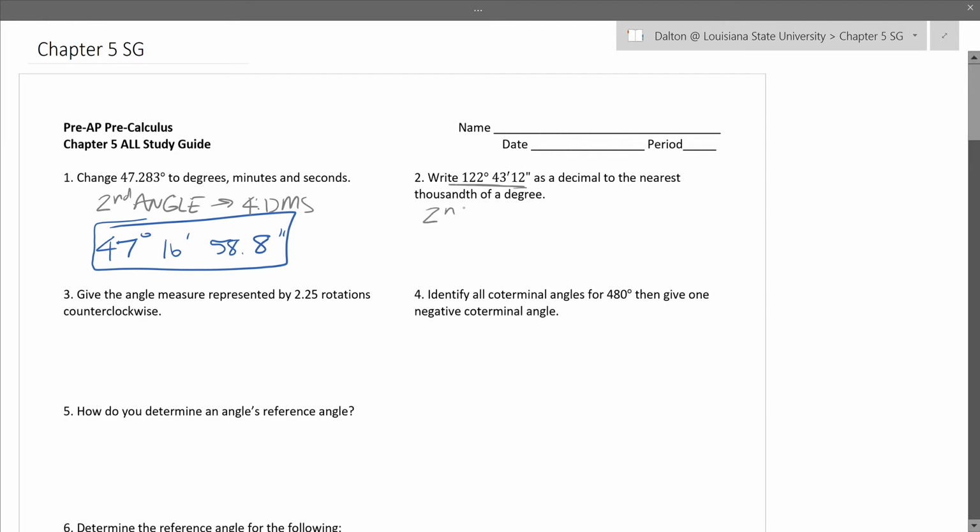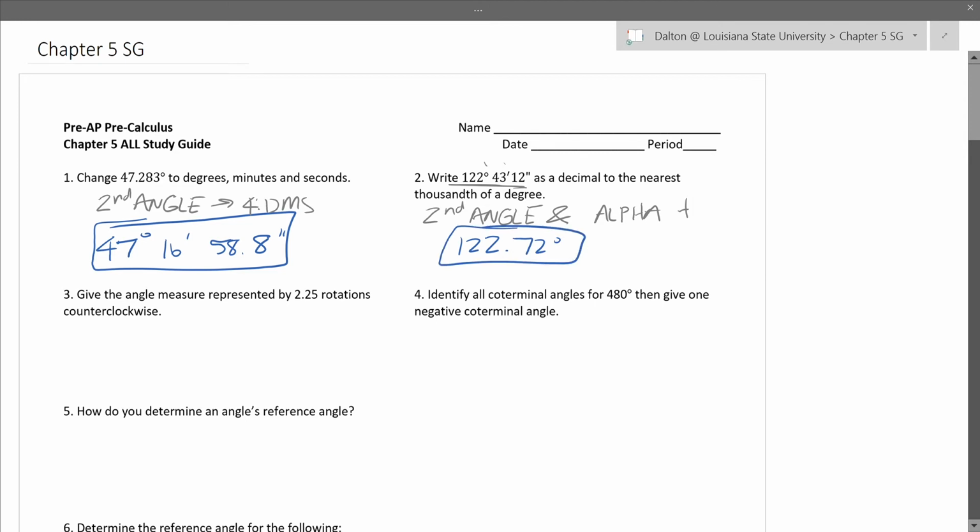Using the second angle option, 1 and 2 give you the degrees and the minutes, and then you also will have to use the alpha plus button to type in the seconds. So when you do that, you would get 122.72 degrees.